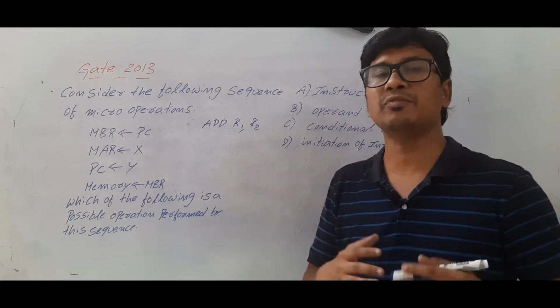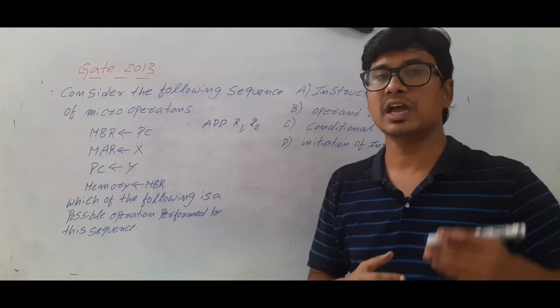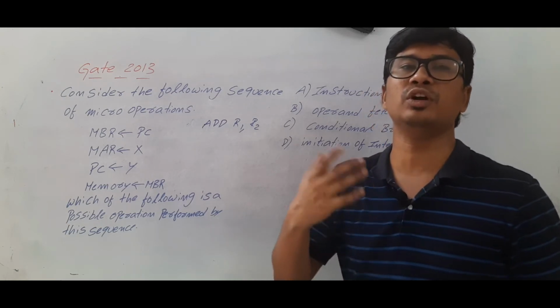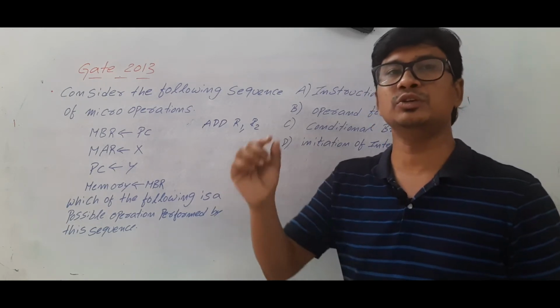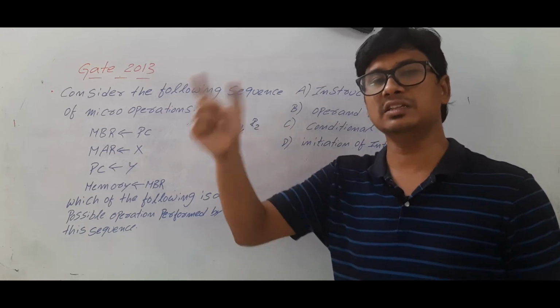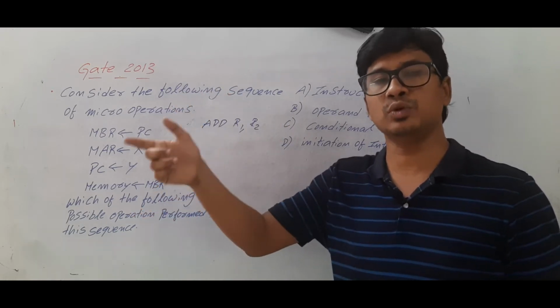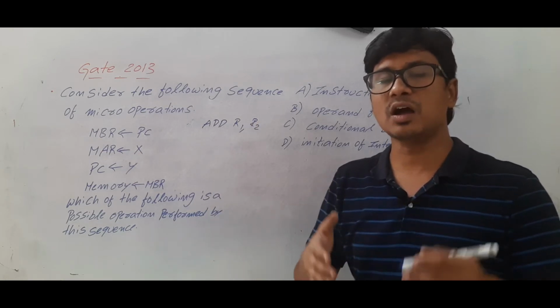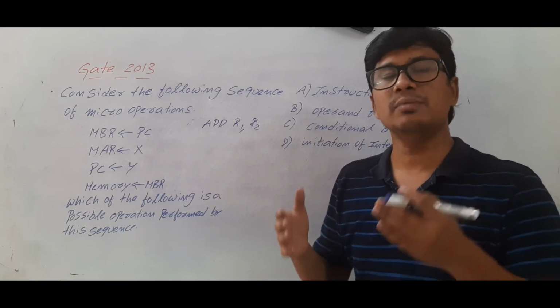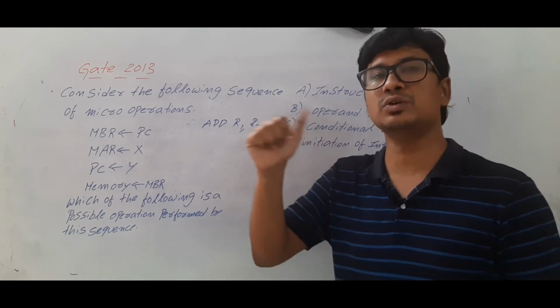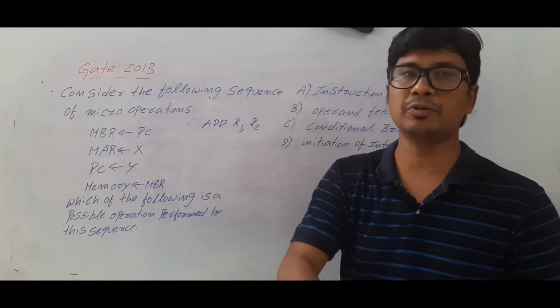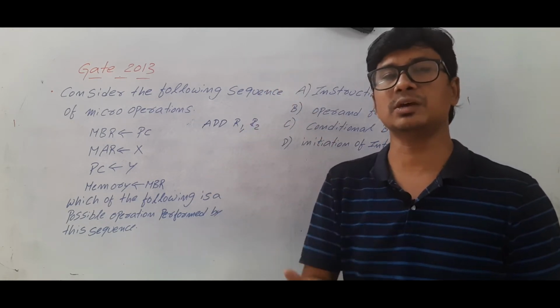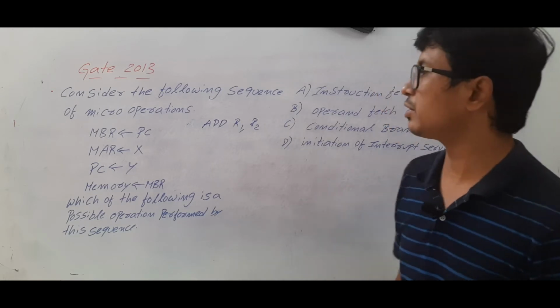So we have to perform a set of operations. And for each one, suppose I want to fetch the instruction, first I need to know at which address this instruction is. Then I have to go to the corresponding address in the memory and fetch it. These are what we call micro operations. So to execute one operation, we have to perform some sub operations, and those sub operations we call micro operations.